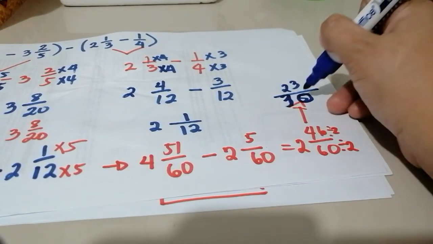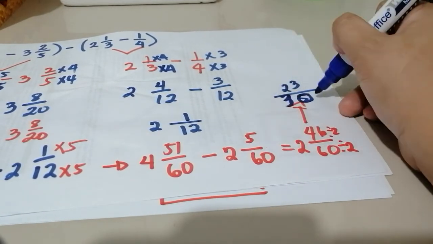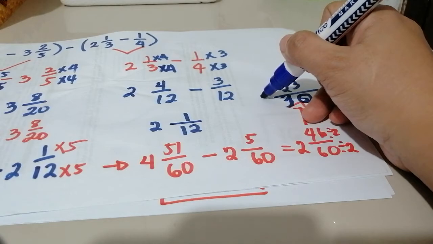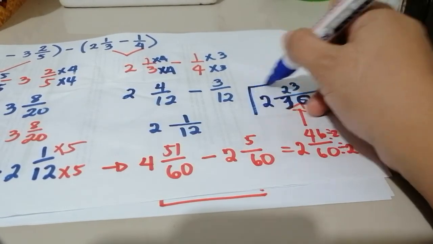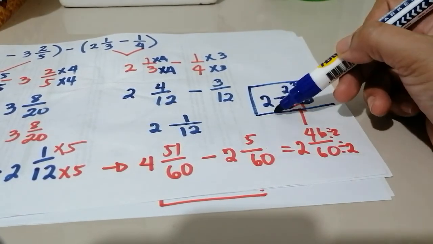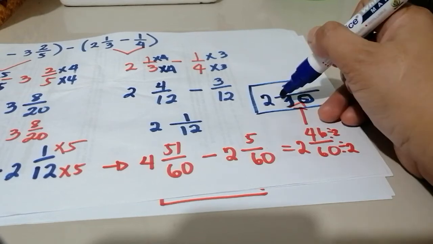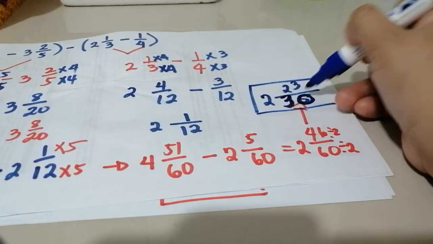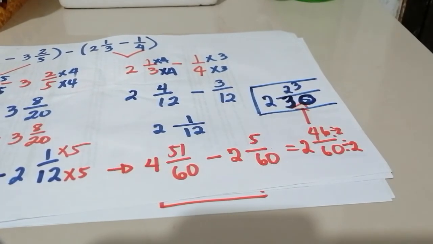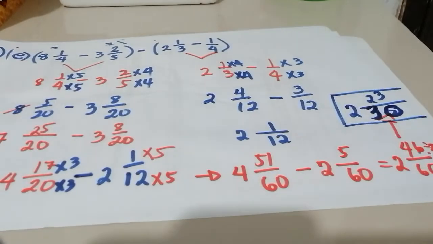Okay, so 23 over 30 and then we just need to copy the 2 here. Okay, so the final answer here will be 2 and 23 over 30. Yan na yung simplified answer ng equation na to.